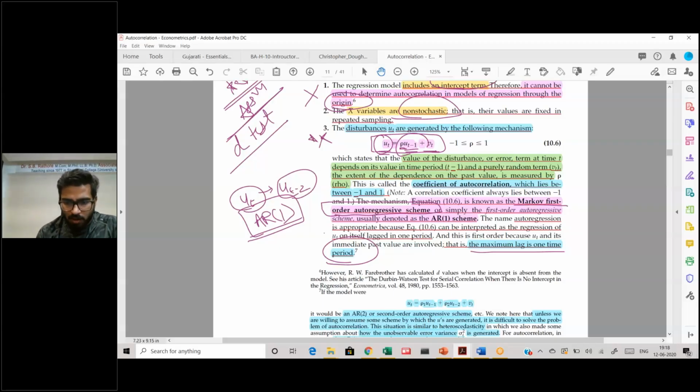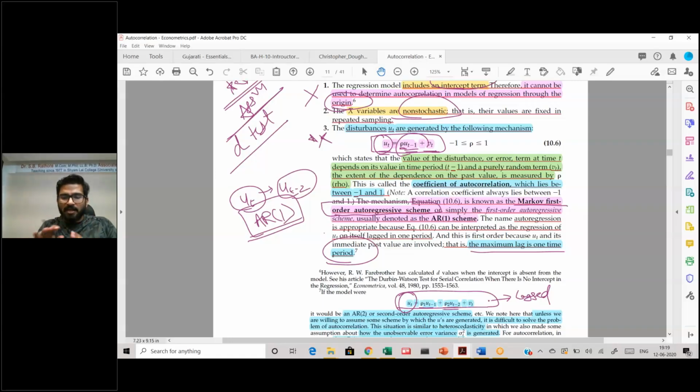Suppose you have a model where your error term in this period is actually dependent on the previous term as well as the term before that, which you will always find in lag models. So imagine something like this. If the RBI changes the repo rate in this particular period, it is going to impact the money supply not only in the next period but in the subsequent 3-4 periods because of the inertia built into the system.